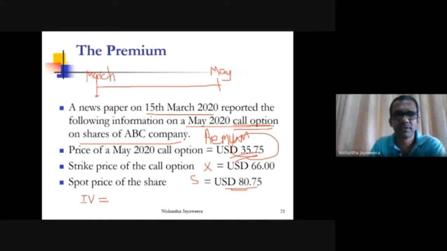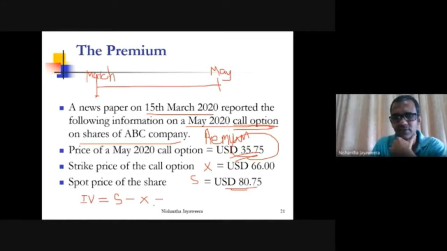How do you calculate the intrinsic value for a call option? So spot minus strike. Spot minus strike. Remember, if it is positive only. If it is negative, intrinsic value is 0. So here we can see it is positive. 80.75 minus 66.